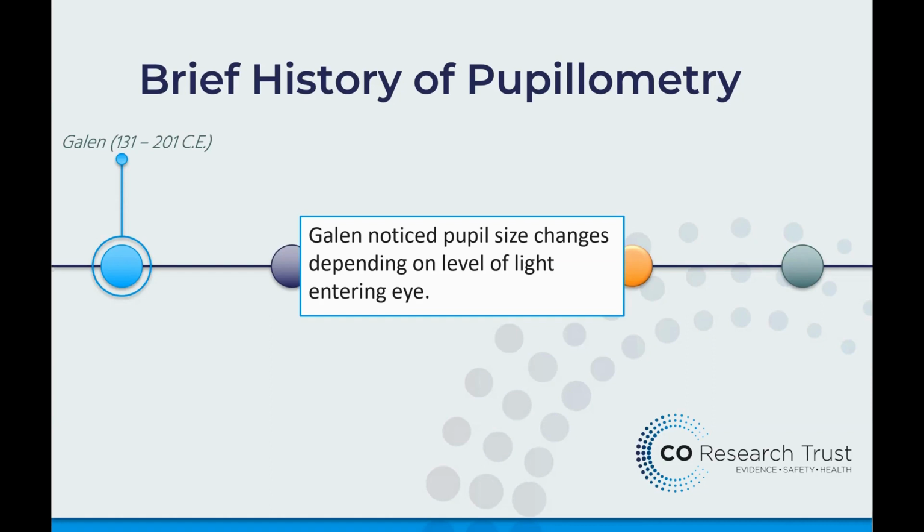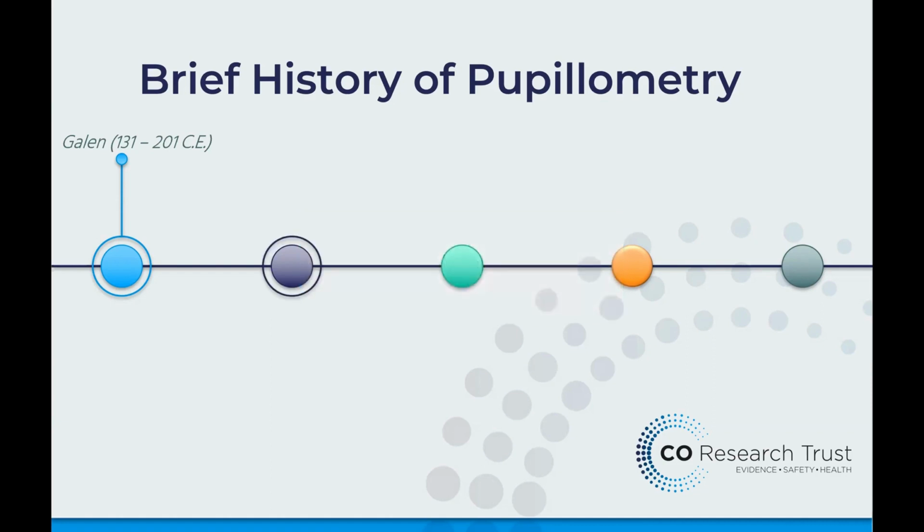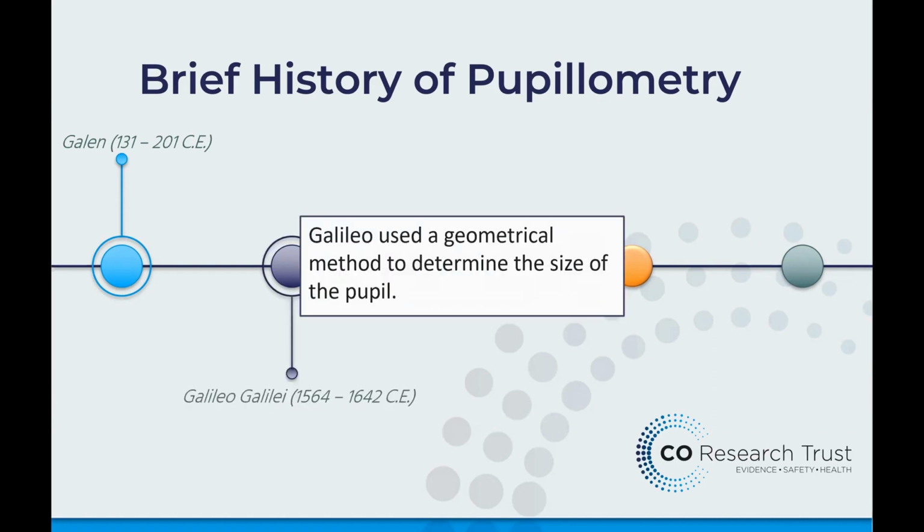If we move forward to the 16th century, Galileo Galilei developed a geometrical method to determine the size of the pupil, which involved 2 pieces of paper that were identical in size and shape, however one white and one black. The black piece would be placed at a fixed distance from the observer, and the white would be moved until the observer viewed it as just covering the black paper.